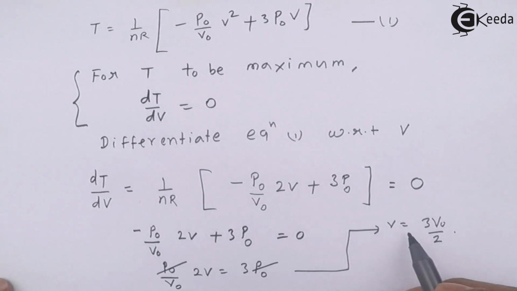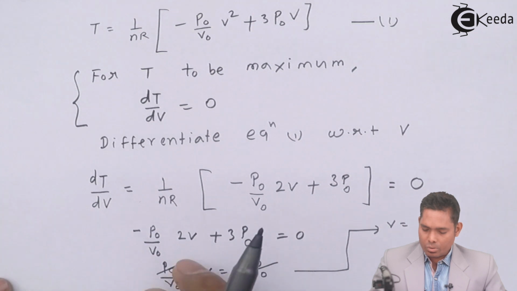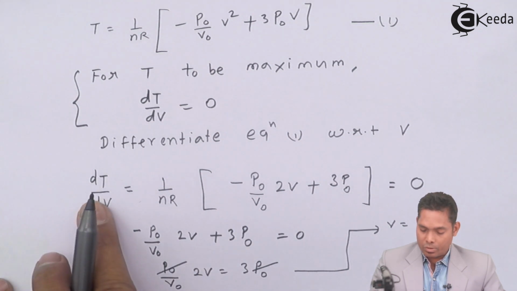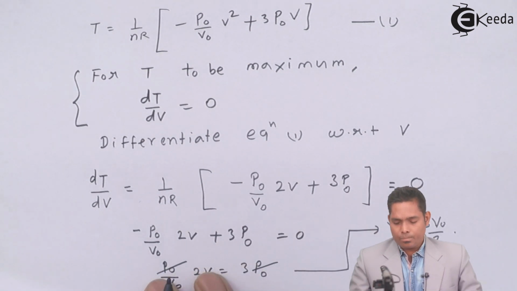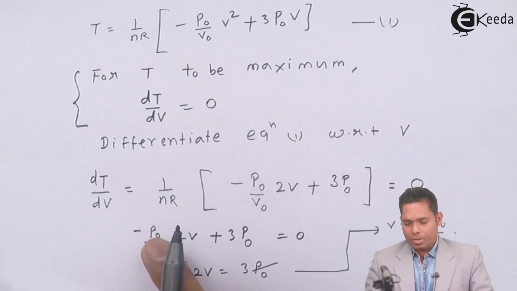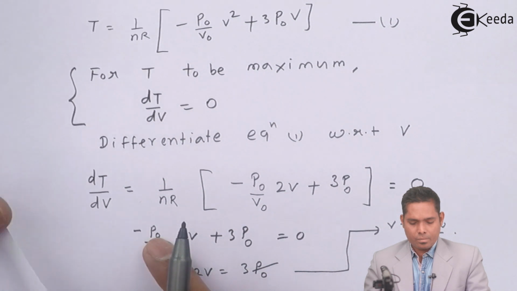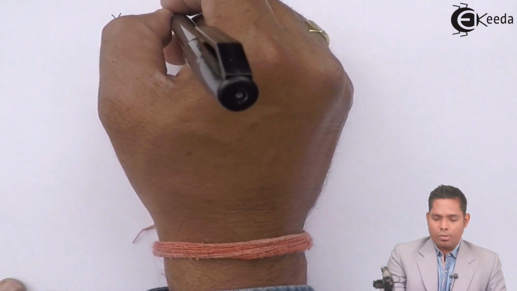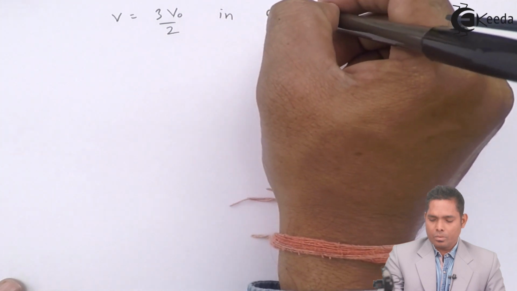That means for this value of V, this T becomes maximum. If I make it 0, then I get the condition for maxima or minima. So if I put this value here, I'll get T maximum, and let us see what I'm getting. If I put that value of V equals 3 V naught divided by 2 in equation number 1, what will I get?